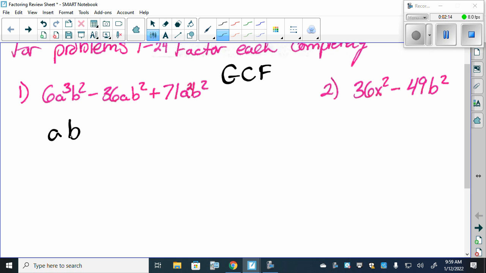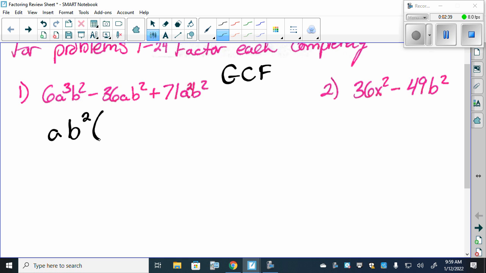The first term is a cubed, the second term is a, and the third term has a squared. So the most a's we can take out of these three is 1. We can just take out a. Now, for the b's, we have b squared and b squared, so we can pull out b squared.